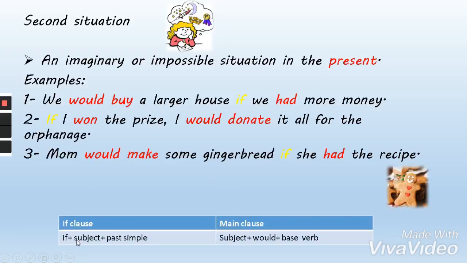Now, what about the form? This is the way we form it. In the if clause, we have if followed by the subject and past simple verb. In the main clause, we have the subject followed by would, then the base form of the verb.